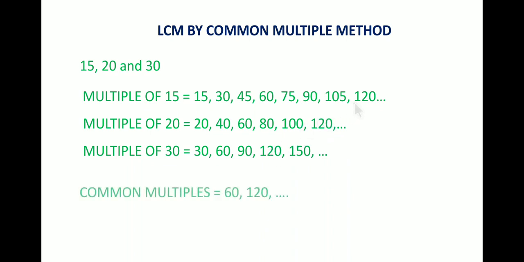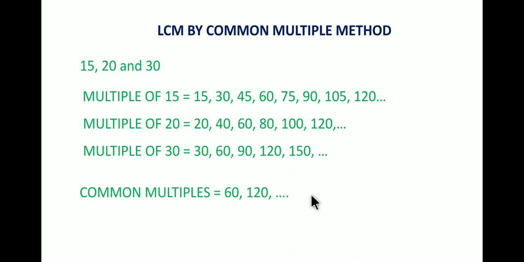So here we can say that the common multiples are 60, 120, and if we move further you'll get some other common multiples. So the highest common multiple we cannot obtain. The highest common multiple may be somewhere in infinity. So we cannot obtain the highest common multiple, but we can always obtain the lowest common multiple.